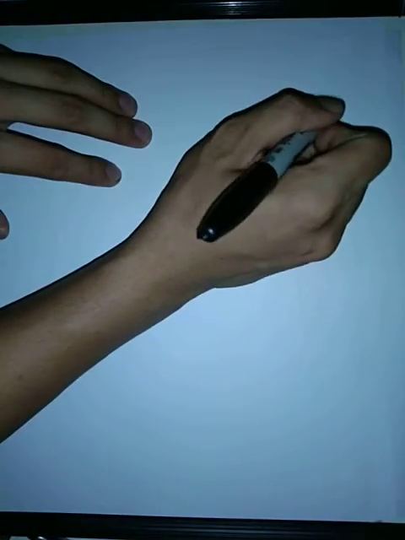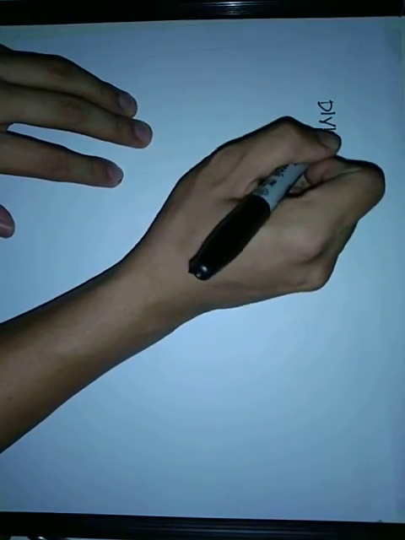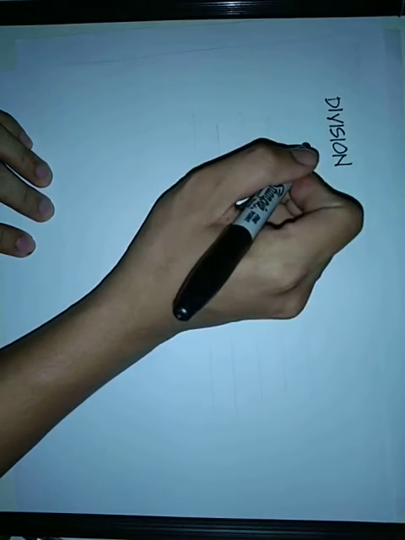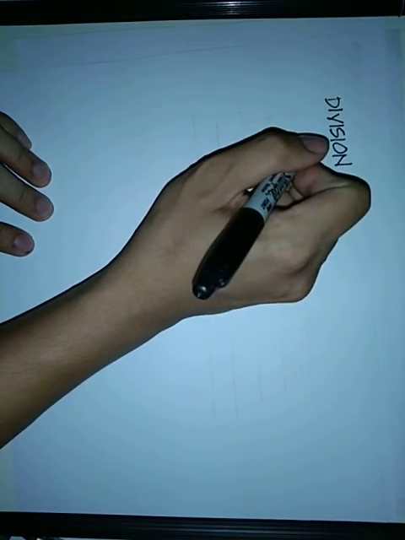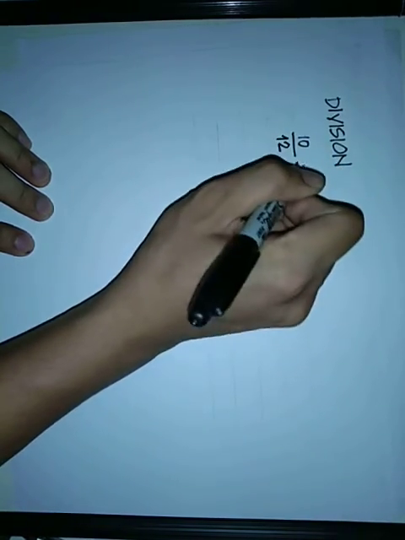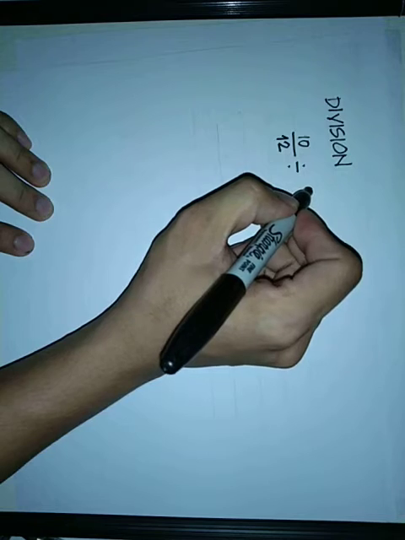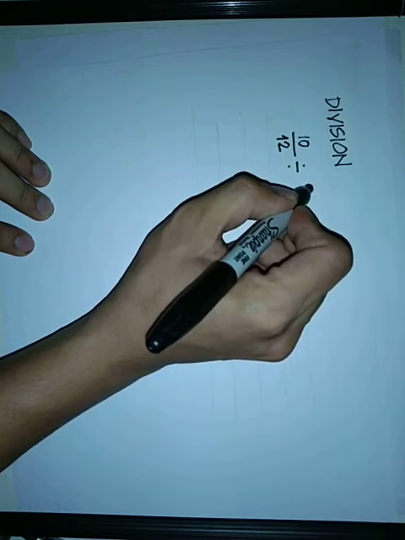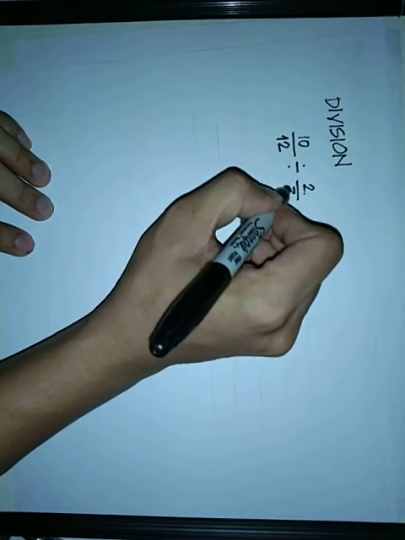So, once we have yung division ng ating dissimilar fraction, kunwari is meron tayong 10 over 12 divided by 2/3.